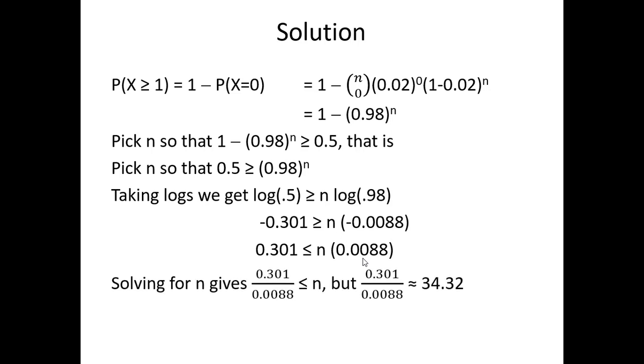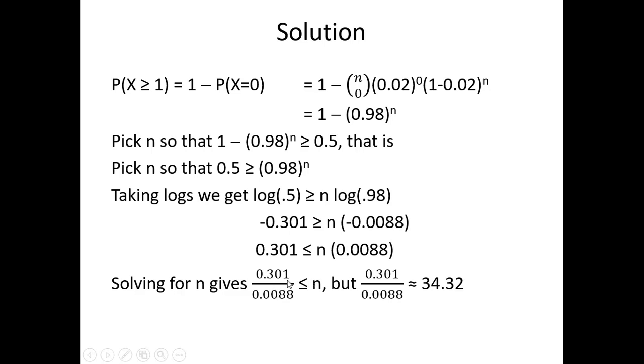Now we just solve for n by dividing both sides by 0.0088. We get 0.301 over 0.0088 less than or equal to n.